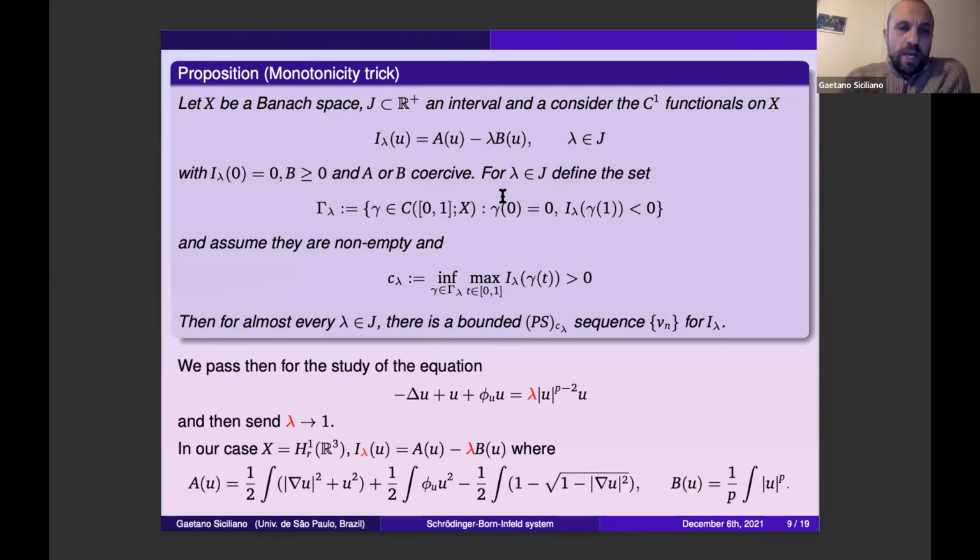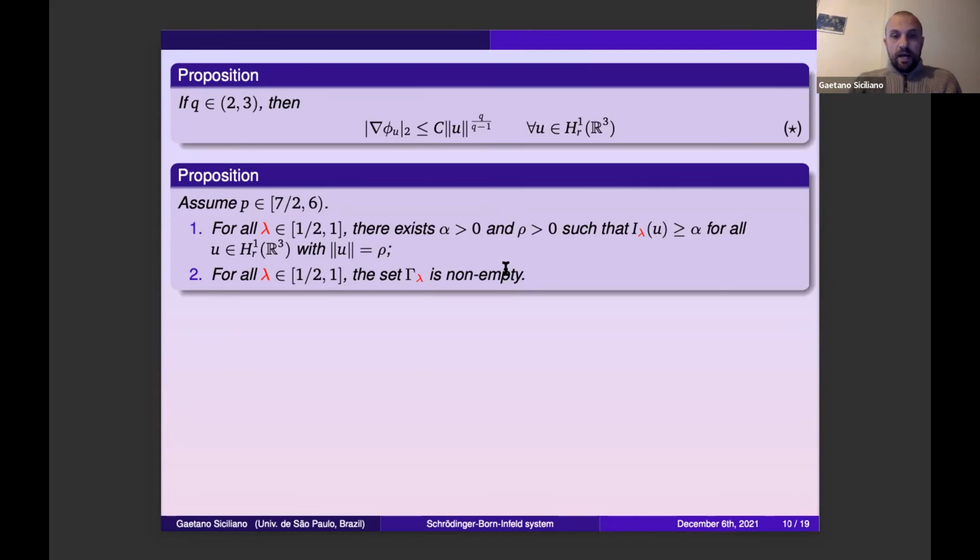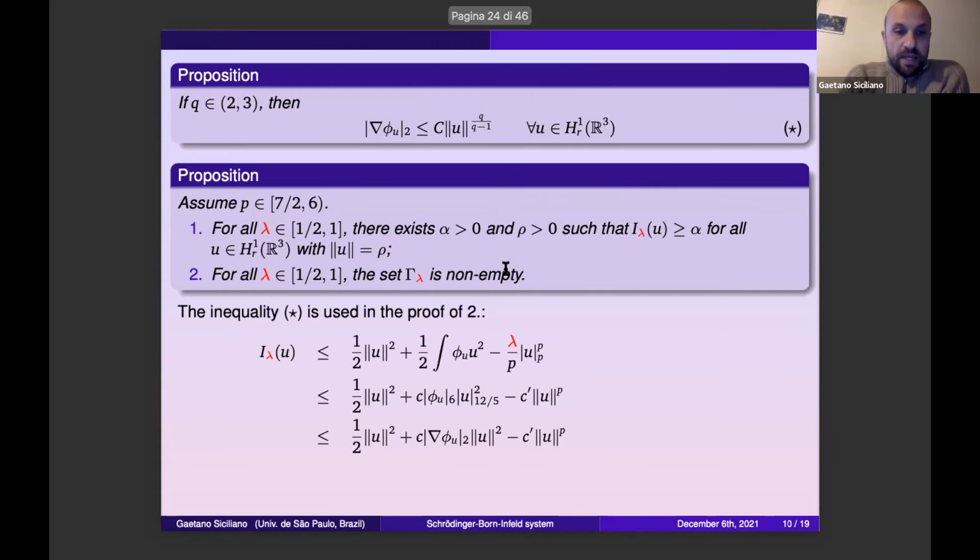And this can be done because we can write our functional in the assumptions of this proposition. In fact, you see that you can estimate the functional by using simple inequalities, embedding inequalities. But at the end, we estimate the gradient of phi of u in L2 exactly by using the star inequality.